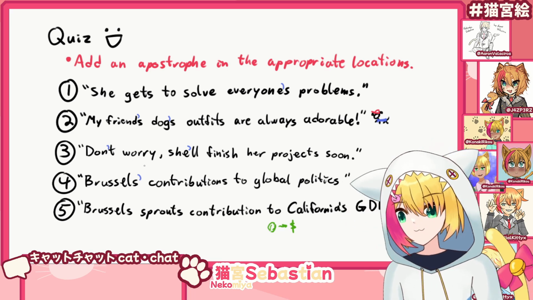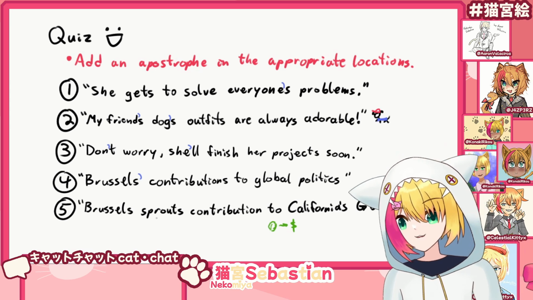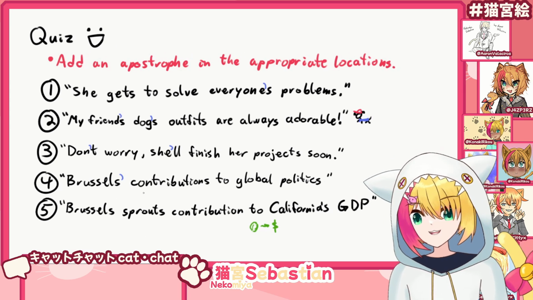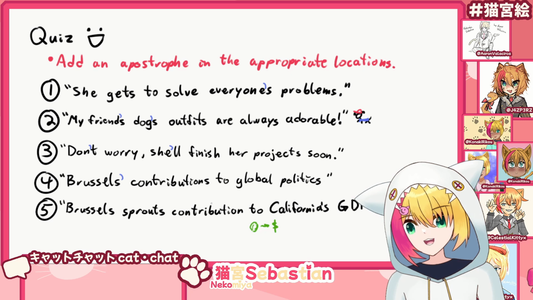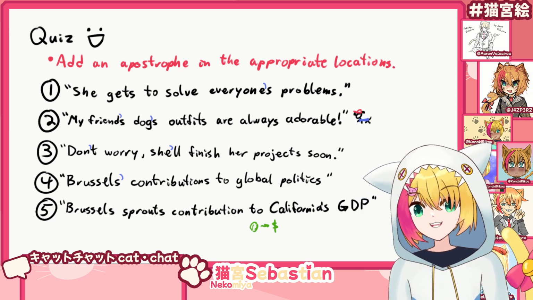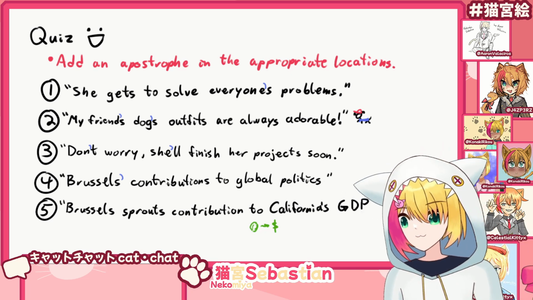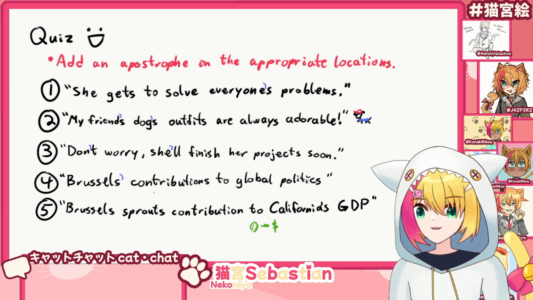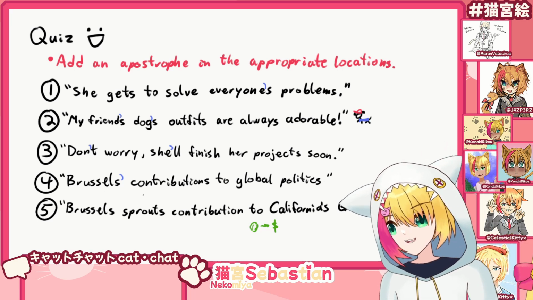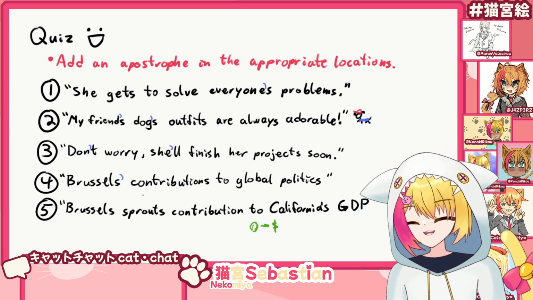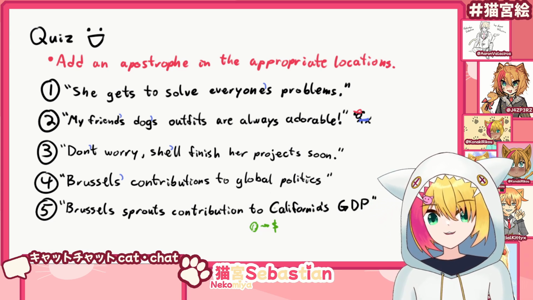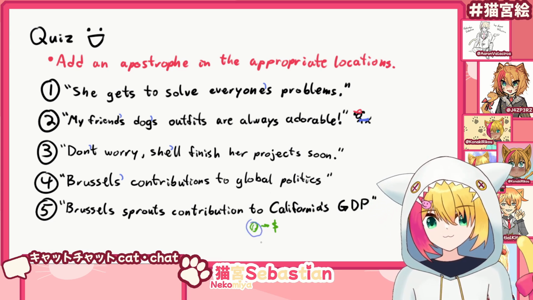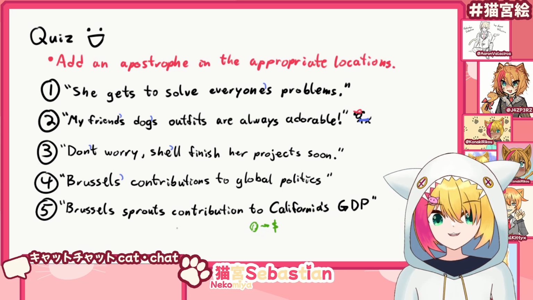That's that one. And last one. All right. "Brussels sprouts' contribution to California's GDP." They grow a bunch of Brussels sprouts there, apparently. So Brussels sprouts is plural. You can have a single Brussels sprout, I think it's just the single little green thing, a leaf or sphere, whatever they call them.